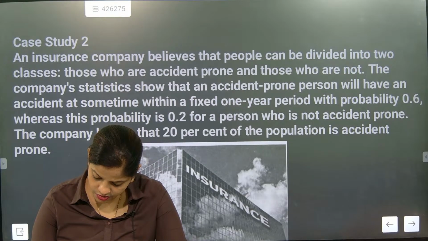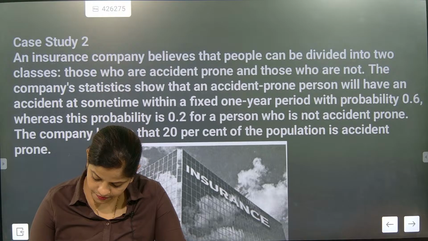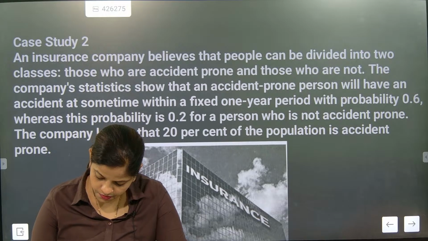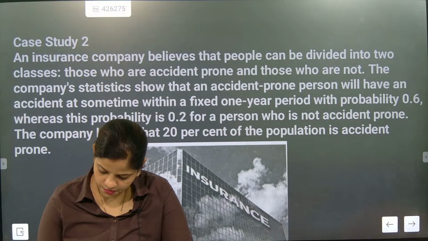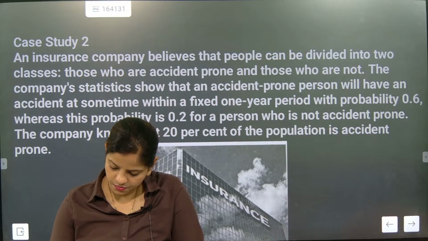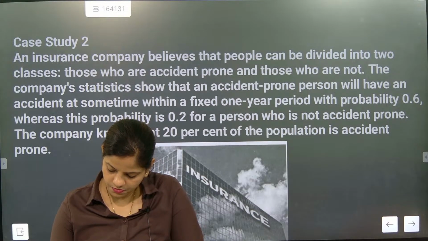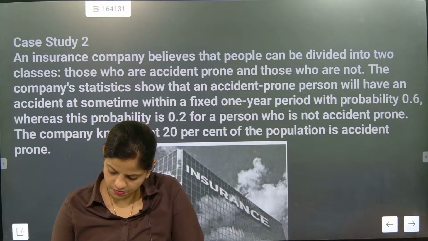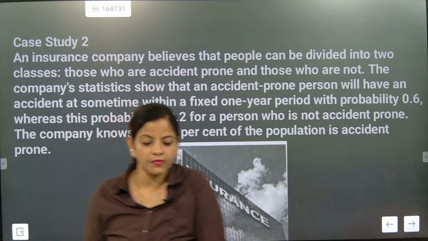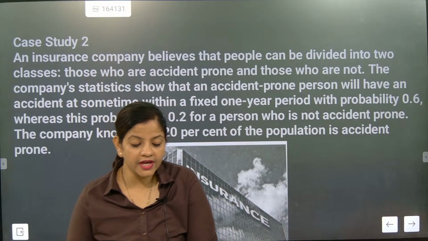Fully numbers added is not going to work. So we'll go for Shivaranjani, go for case study 2.